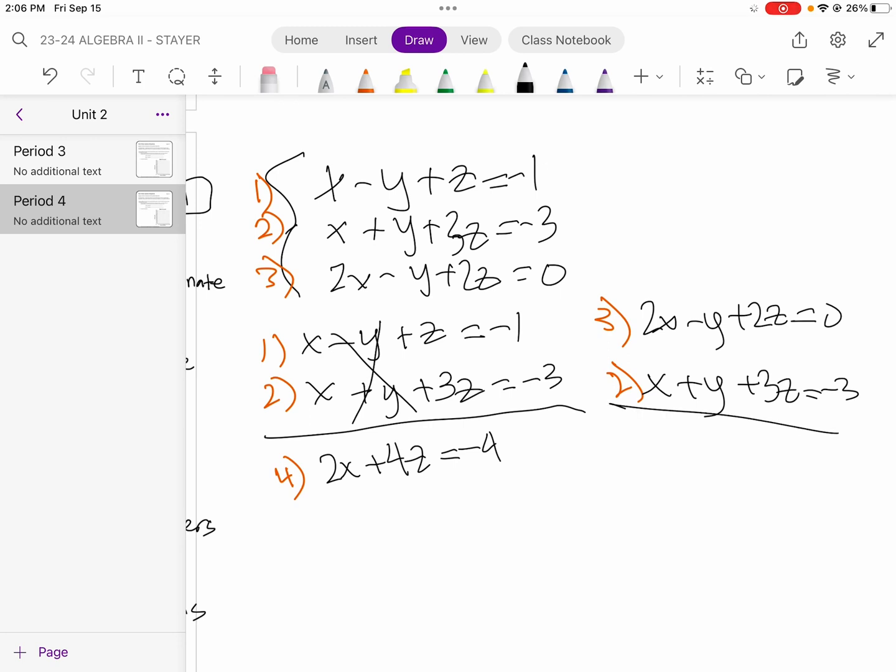Let's go ahead and add it straight down. 3x, see you later, plus 5z equals -3. We're going to call that equation 5.